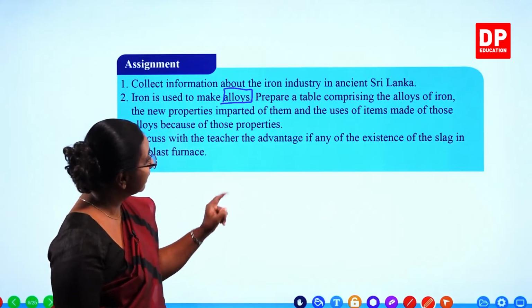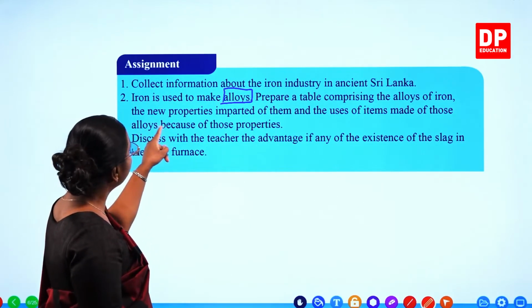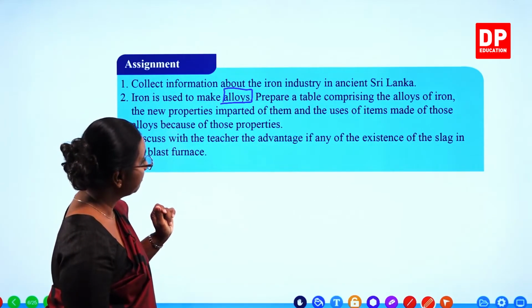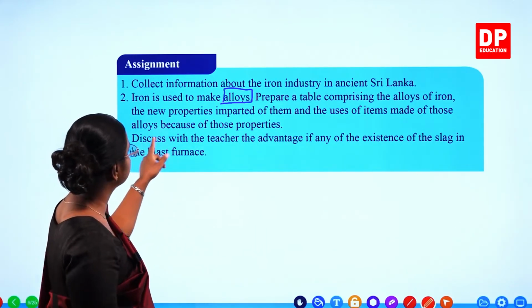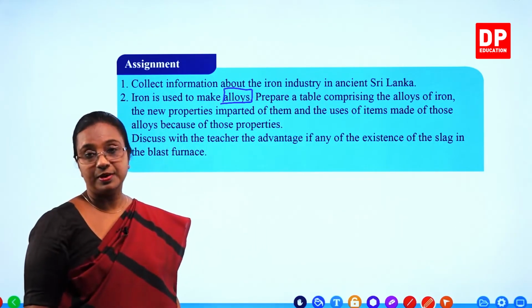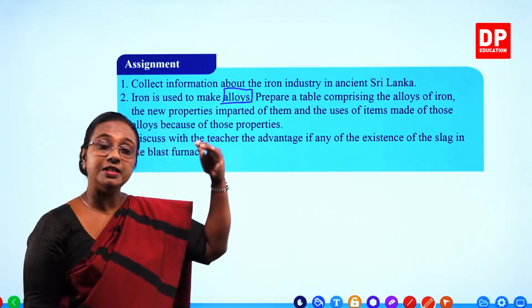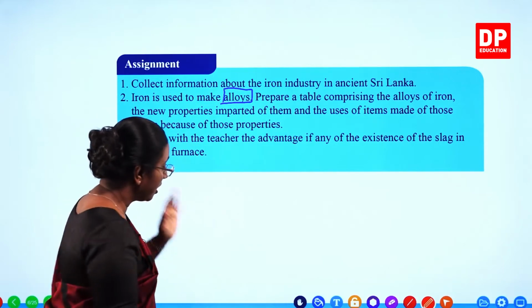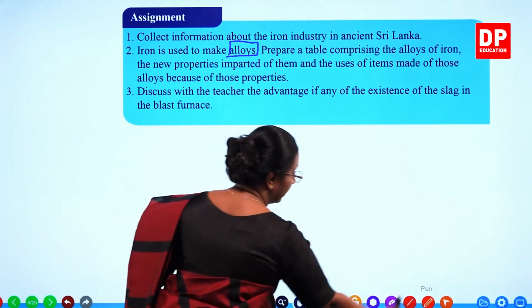Prepare a table comprising the alloys of iron, the new properties imparted to them, and the uses of items made of those alloys because of those properties. So, they want you to make a table with many different alloys. For example, I will give you all two alloys.